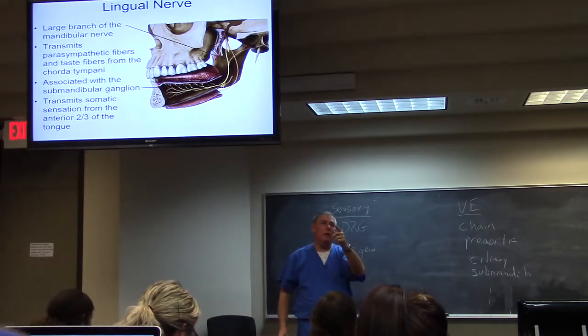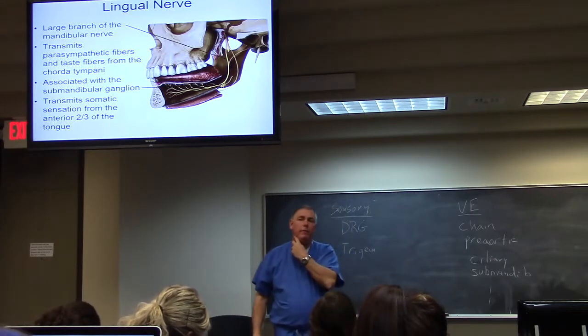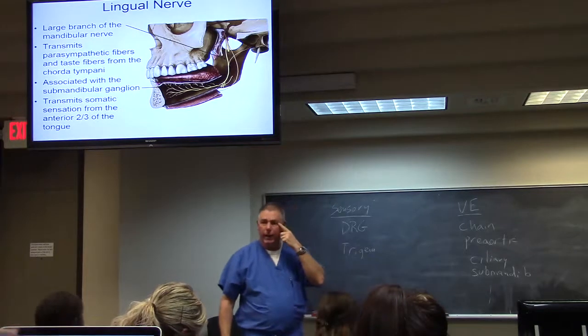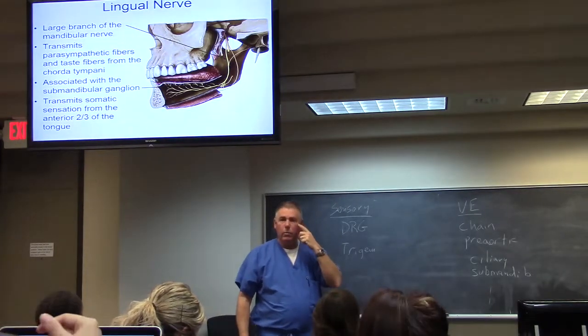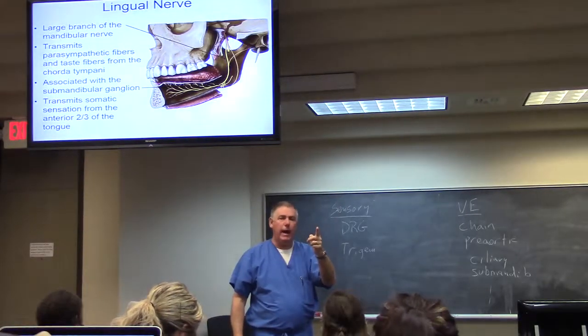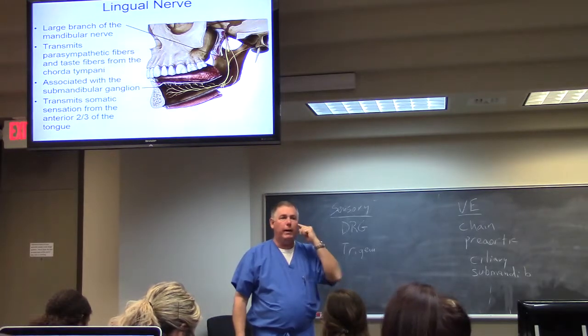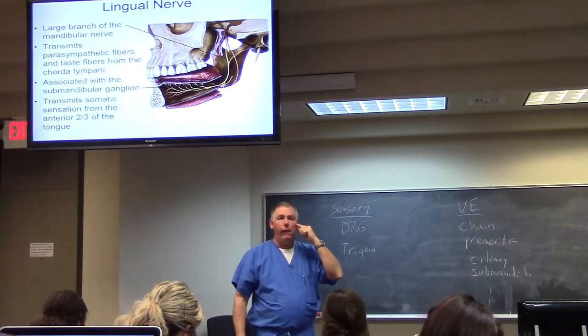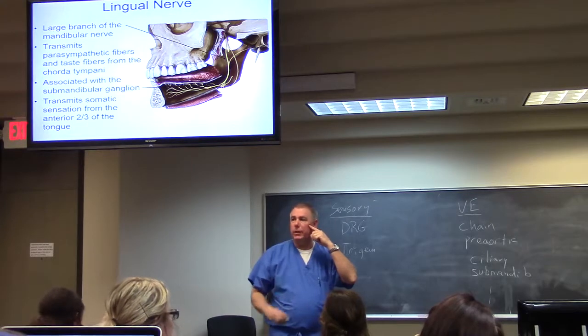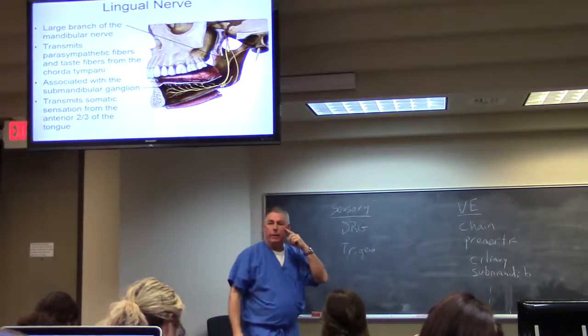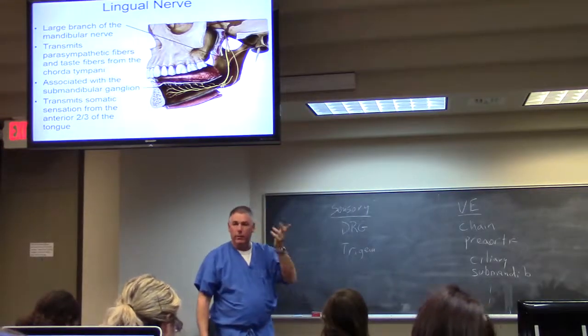So this is the ganglion of V3. The lacrimal gland's up here. We're not going to use this ganglion to get to the lacrimal gland. What ganglion sits up here? That's the one I just showed you, the pterygopalatine ganglion will get you to the lacrimal gland.